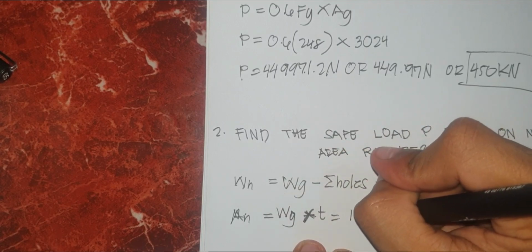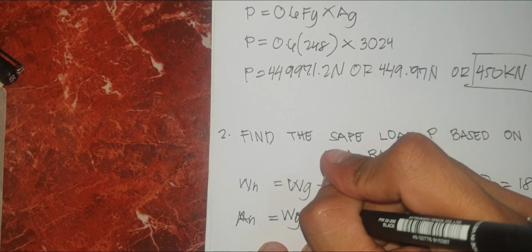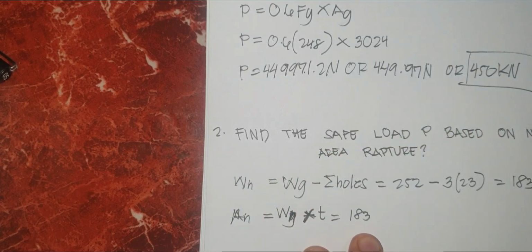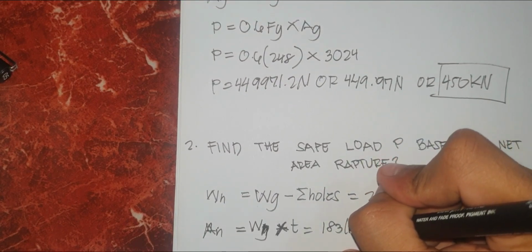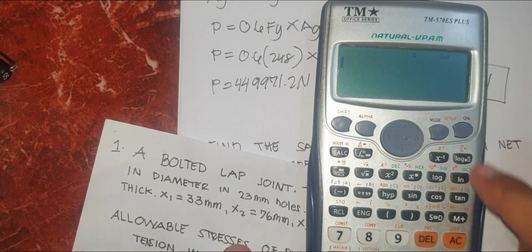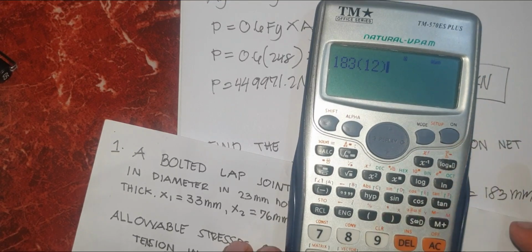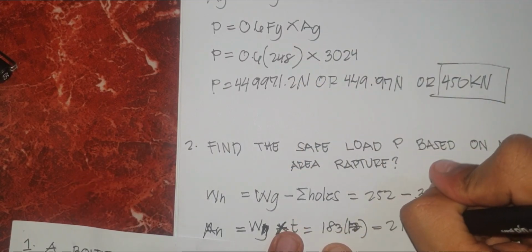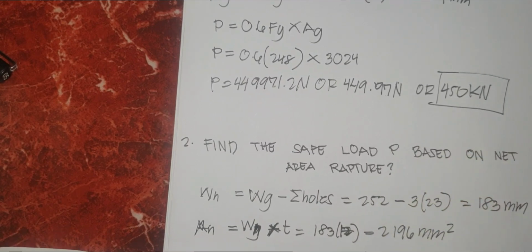So 183 times 12 equals 2,196 mm squared.